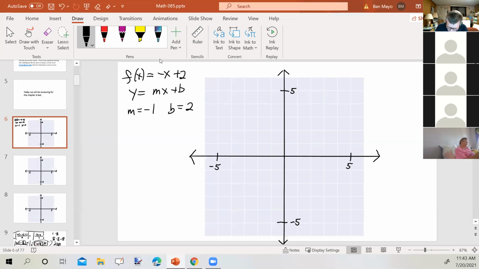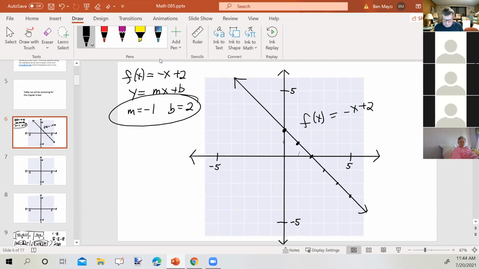So to graph this function using slope-intercept form, the y-intercept is 2, and the slope is -1, meaning it goes down 1 and over 1, down 1 and over 1, and so on. And then I'll just line up those points. The more points I plot, the easier it is to graph it. That's why I plot so many points, okay? So there's the graph of f of x equals negative x plus 2 using slope-intercept form, okay?